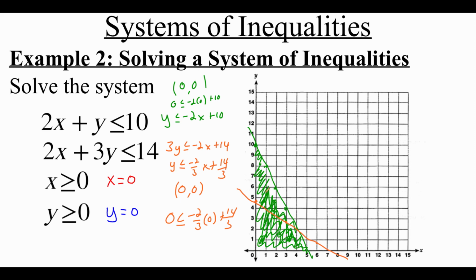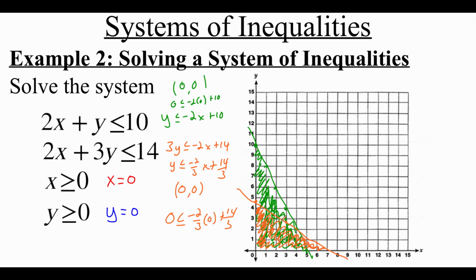But again, just like we saw with our green graph, we're bounded by our axes because of these first two inequalities that we looked at. So I'm going to shade below my orange solid line, but above my x-axis and to the right of my y-axis. And then again, we're looking for where these regions overlap.